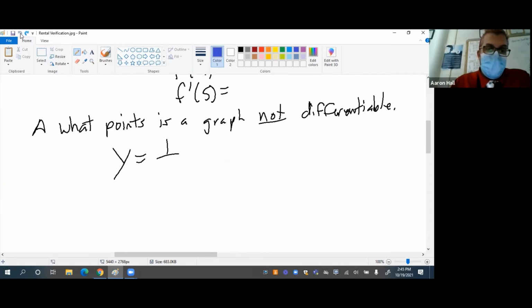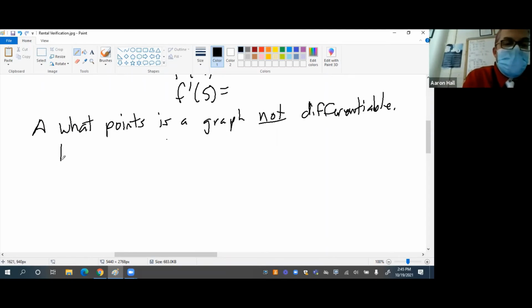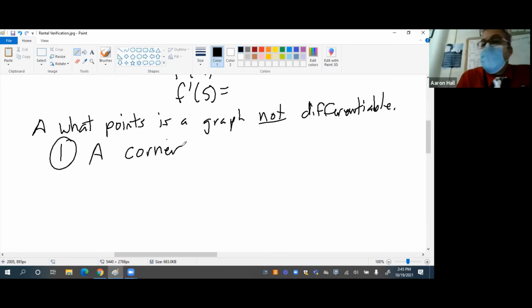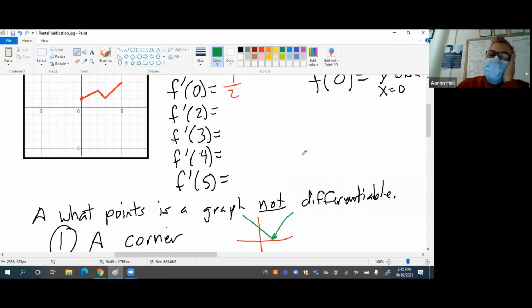So let's go back a little bit further. At what points is a graph not differentiable? One is called a corner. A corner is where the graph looks like this. This is my corner. That's sort of the problem we have up here.